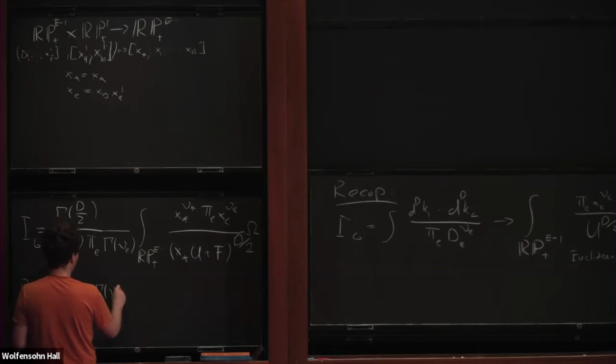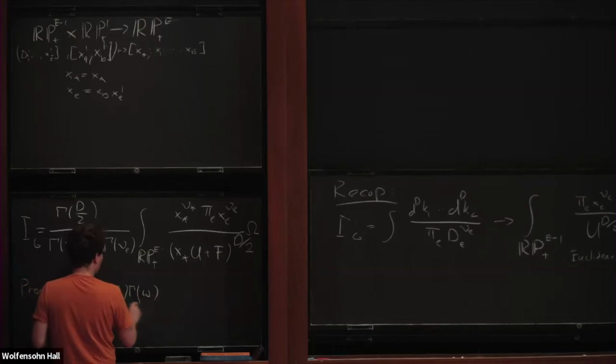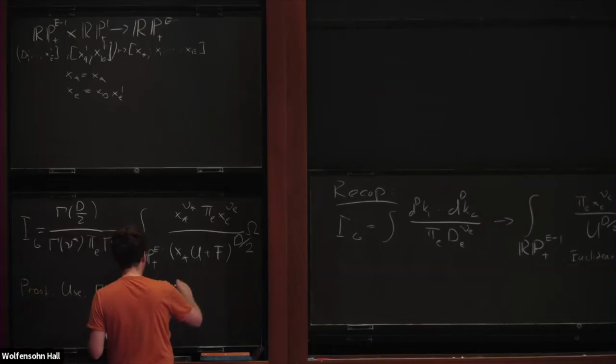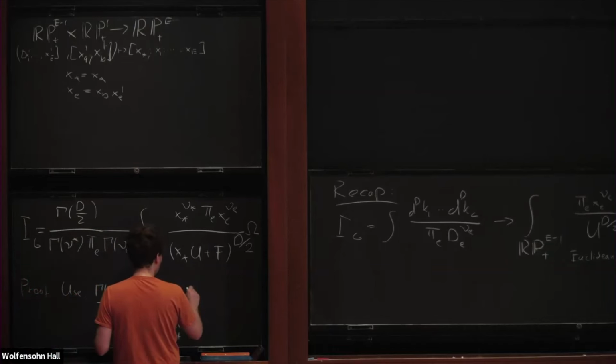So you need to know that this quotient of gamma functions equals this integral over RP1. So that's the fiber integral that I omitted here.